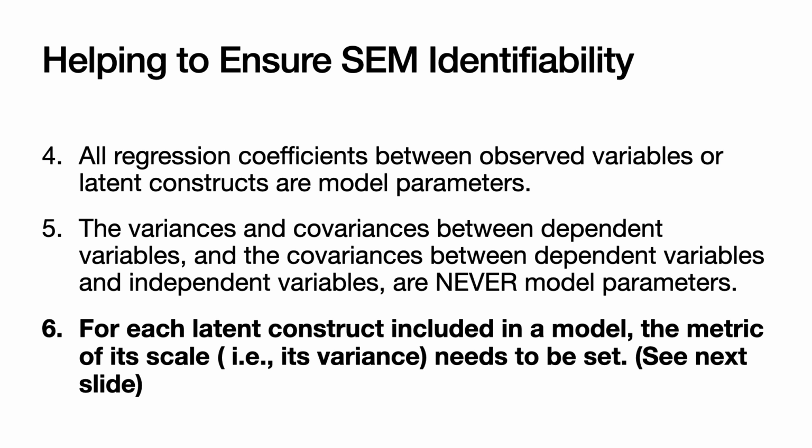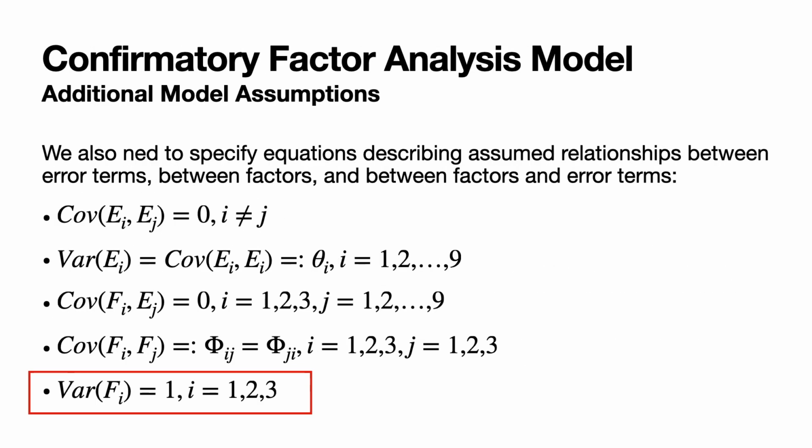And then finally, Rule 6. For each latent construct included in a model, the metric of its scale, that is, its standard deviation or variance, needs to be set to a particular value. And so referring back to a previous slide, the 5th bullet point on this particular slide, we saw that we were setting the variance of each of the latent constructs, F1, F2, and F3, to be equal to 1.